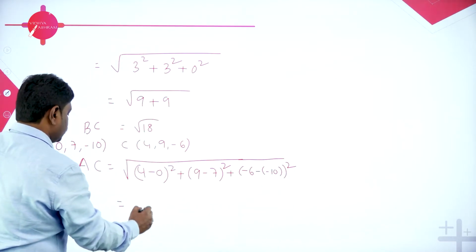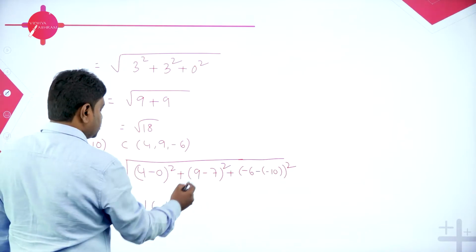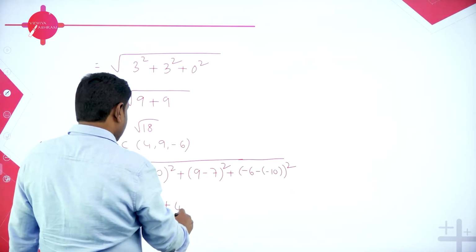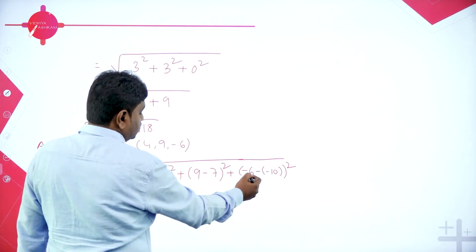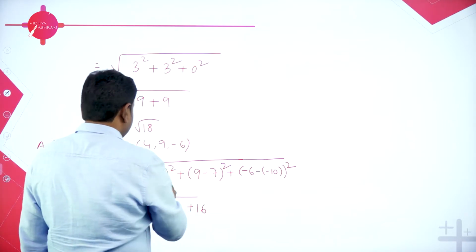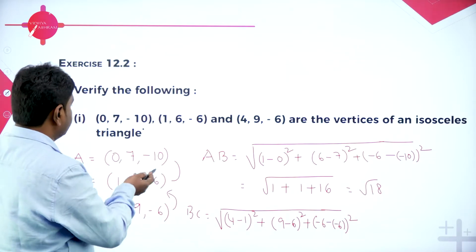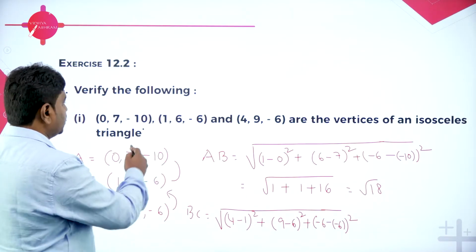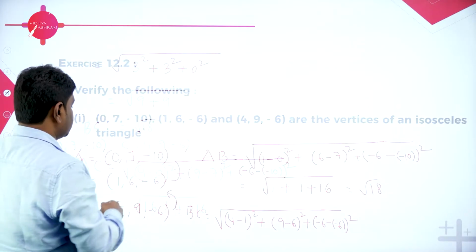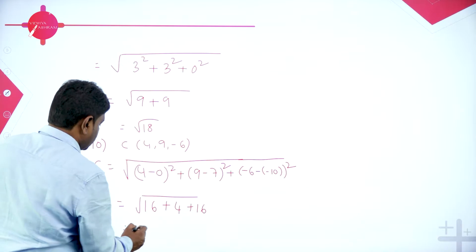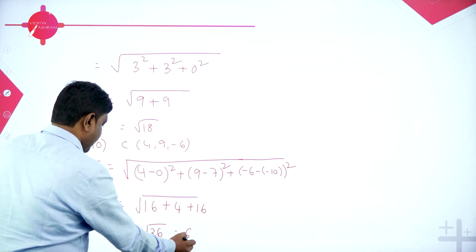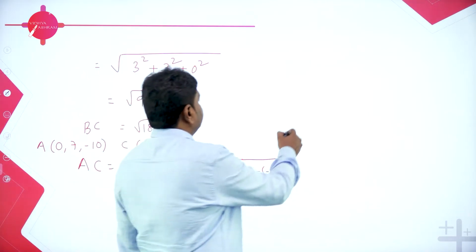Simplify this. 4 square is 16, 9 minus 7 is 2, 2 square is 4, plus 4 square is 16. So it will become 36, root 36 is 6. Now we got three sides.